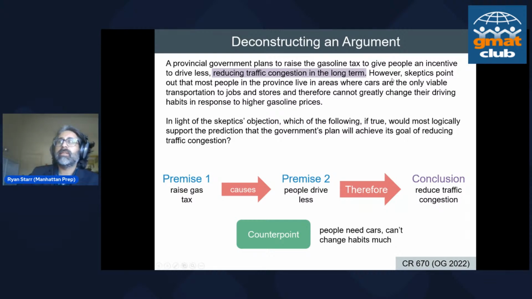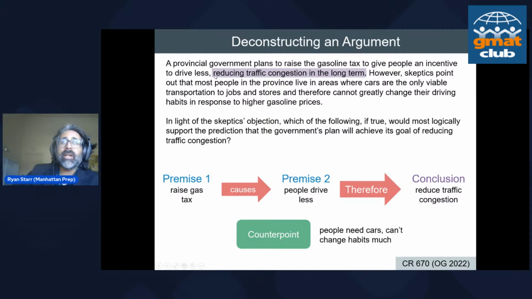However, skeptics point out that most people in the province live in areas where cars are the only viable transportation to jobs and stores and therefore cannot greatly change their driving habits in response to higher gasoline prices. Ignoring the question here, notice that this argument has a provincial government offering a plan, right? Raise the gasoline tax, and a consequence for that plan, reducing traffic congestion in the long term.